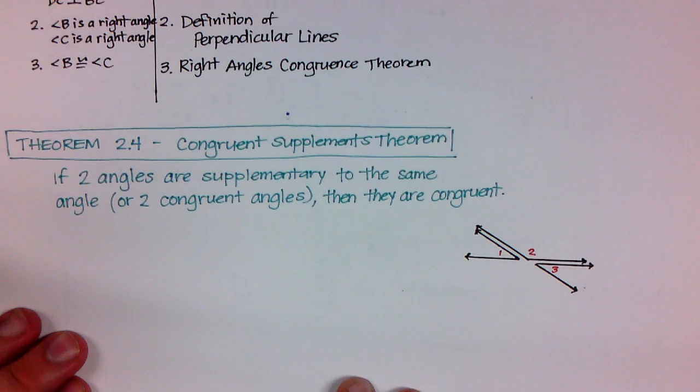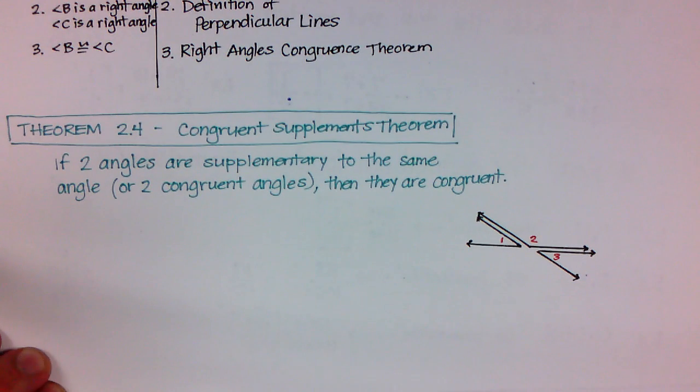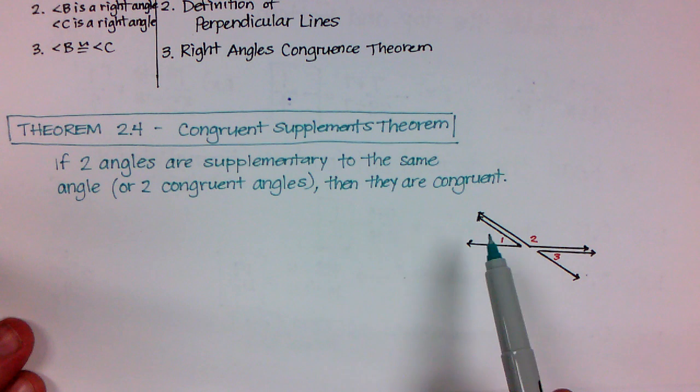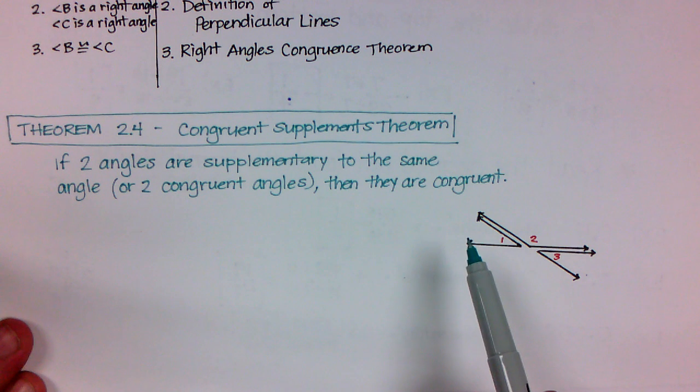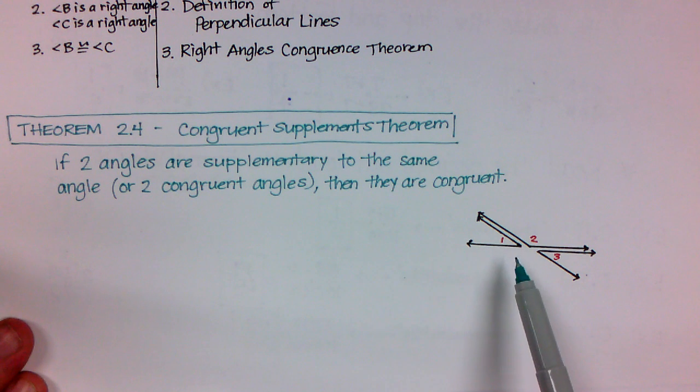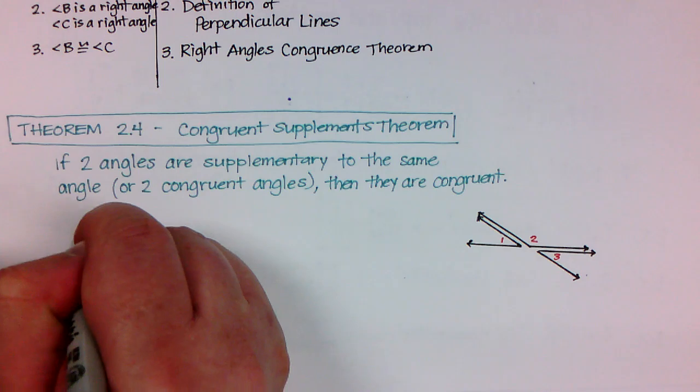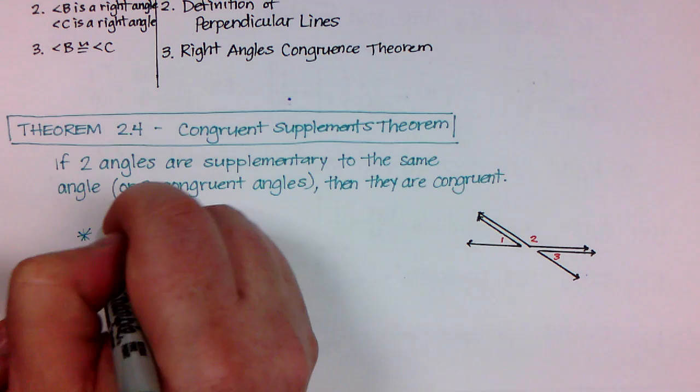Okay, let's add another theorem to our repertoire. This one is theorem 2.4, and it's called the congruent supplements theorem. So I've written the beginning of this theorem already. It says if two angles are supplementary, that's where supplements come from, to the same angle, or to two congruent angles, then they are congruent. So looking here, I'll put a star here.